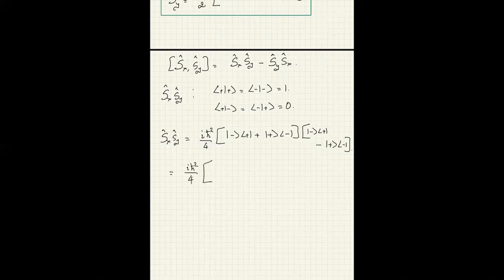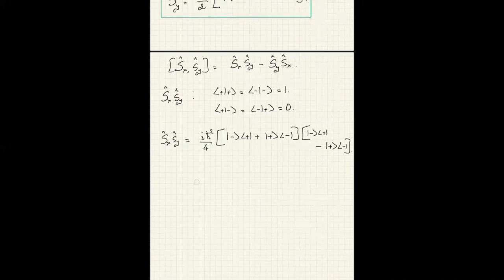times. Now, let me do this a little slowly. There are 4 terms here, right? The first term is, let me multiply the 2 wiggly lines first, so that I do it one by one and then I show you. So if I multiply the 2 wiggly lines, what do I get?